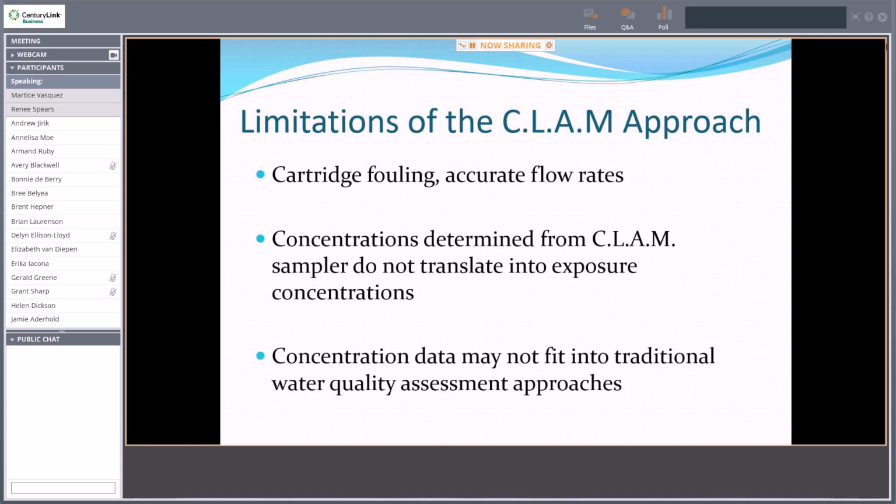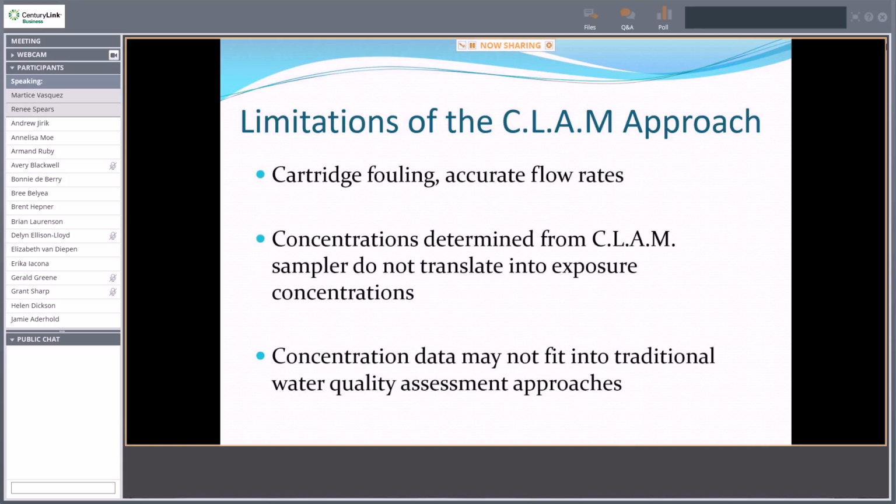Another consideration is that the concentrations determined from the CLAM sampler do not always translate into exposure concentrations. The concentration that you're going to be calculating is a time-weighted average. It doesn't mean that over that entire time period that was a steady concentration in the water body.